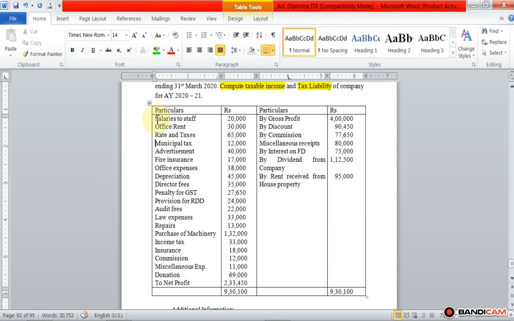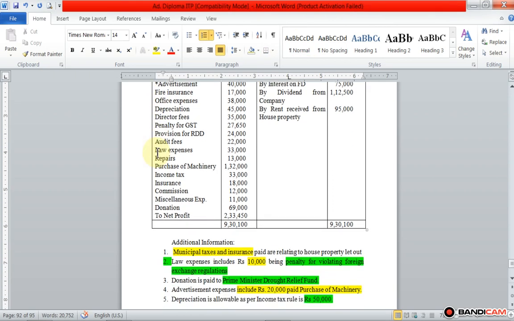Municipal tax: additional information is provided on it, that municipal tax and insurance are relating to the house property. So the whole of the municipal tax is disallowed, and we make a star in front of municipal tax. Then advertisement: we make a star in front of advertisement, because additional information number 4 says advertisement expenses include rupees 20,000 paid for purchase of machinery.